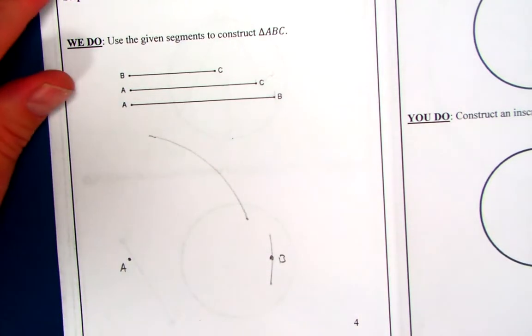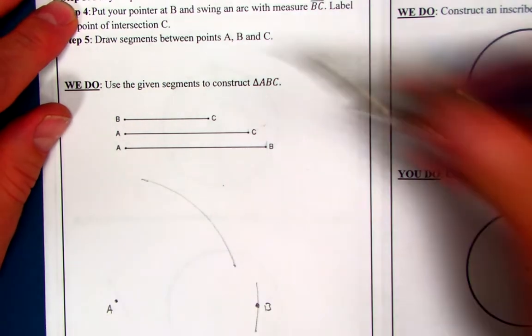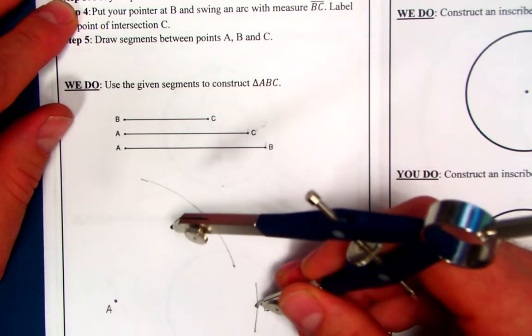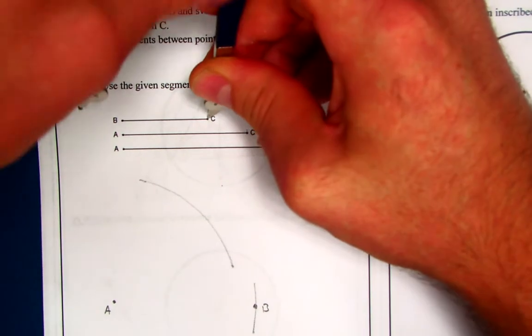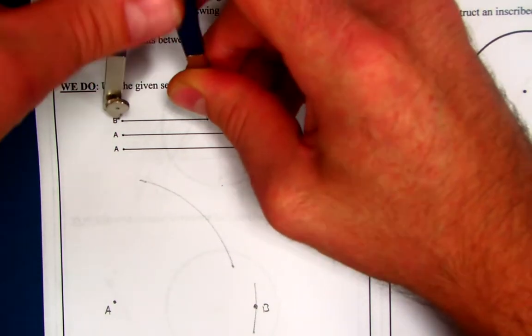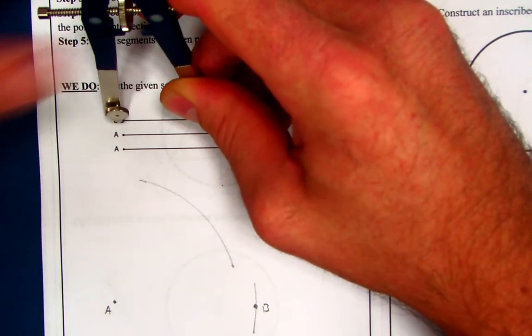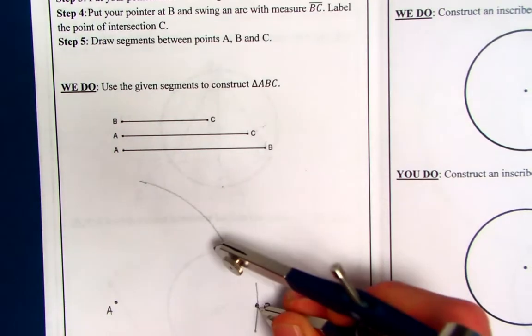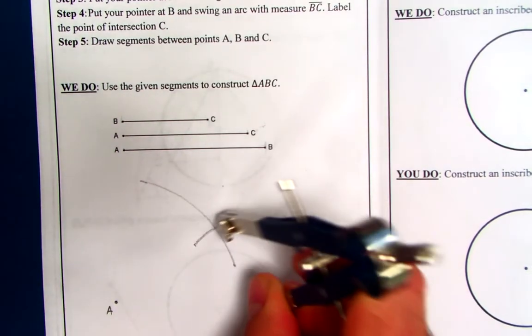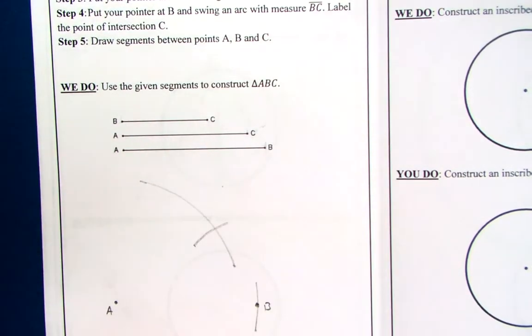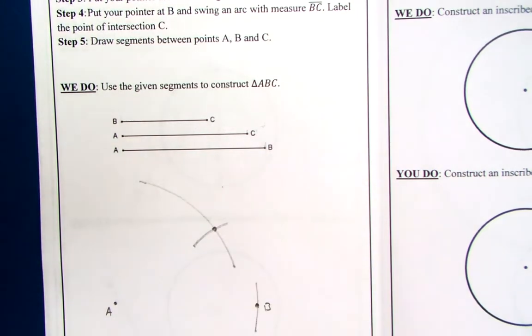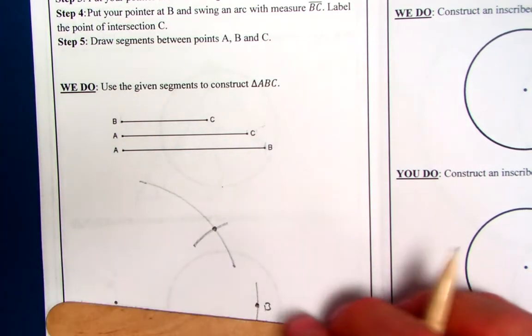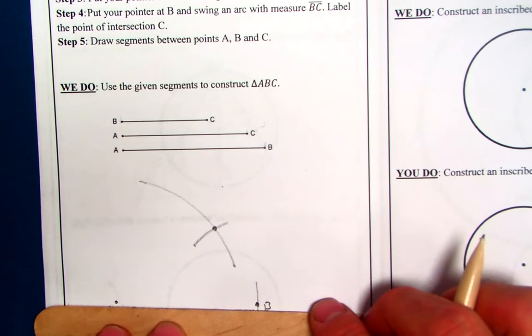The next step is we put our compass at B and measure the length of BC. The fact that these arcs intersect in one spot means there's only one triangle that we can form with these three lengths, because these arcs only intersect in one place.